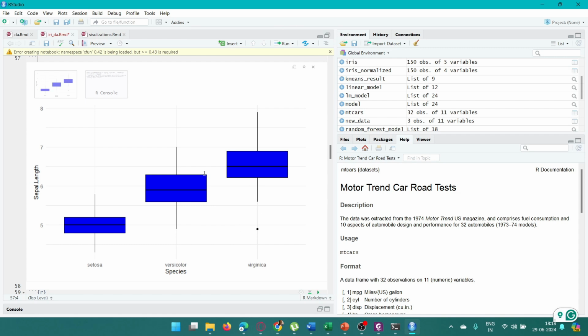For example, from the graph itself, I can say that any flower having a sepal length of around 6.5 and above is definitely of type Virginica, because 6.5 is mostly not taken by the other categories. So we can classify very well. That is the key idea.